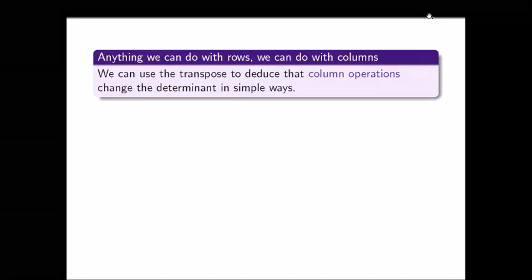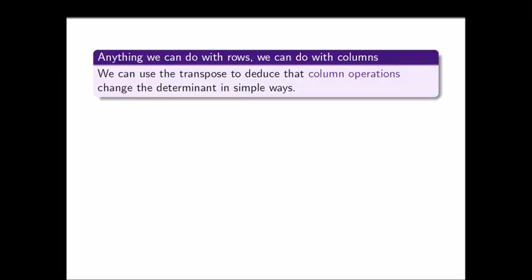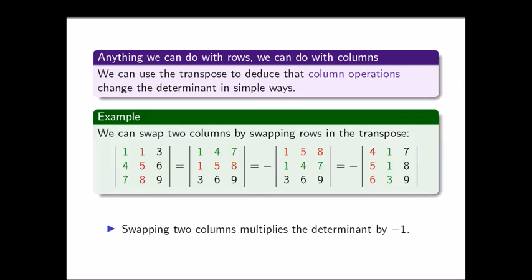Similar to the idea of row operations, we have the idea of column operations, and we can use the relationship between the transpose and the determinant to deduce that column operations also change the determinant in simple ways. For example, if I have a matrix here, I can take its transpose.